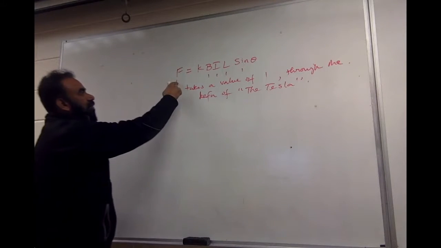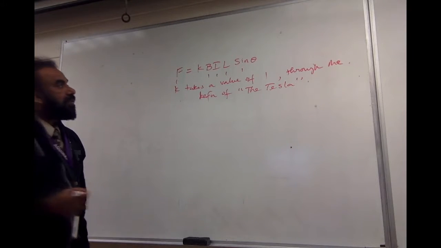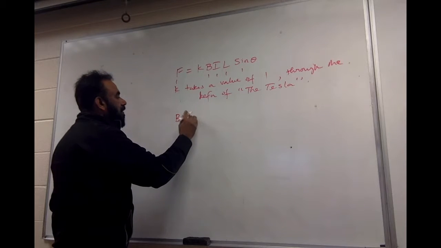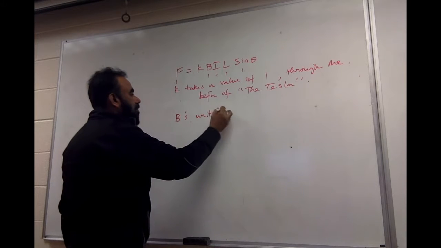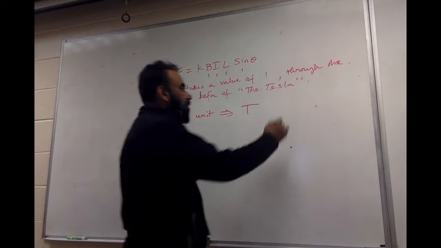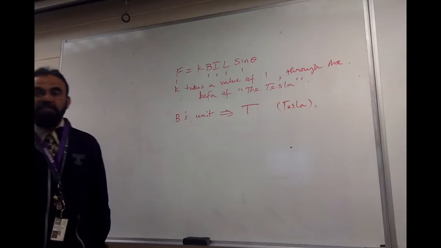If you put 1 for all of them, K automatically becomes 1. So B is measured in Tesla, symbolized by just capital T.